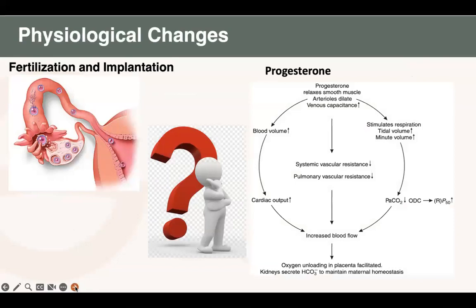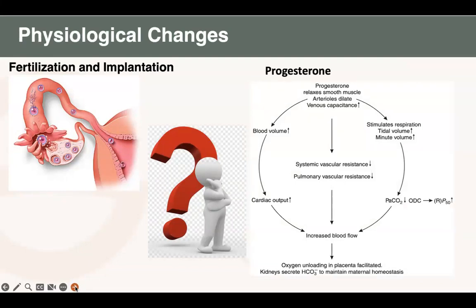Many of the physiological changes during pregnancy pertain to the increased levels and titers of progesterone as a hormone, which in physiology causes a few things to happen.